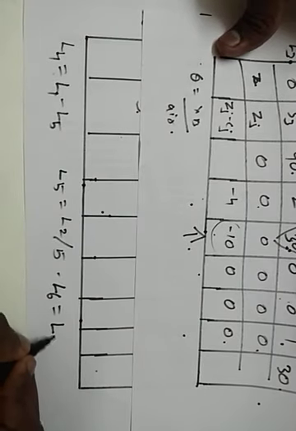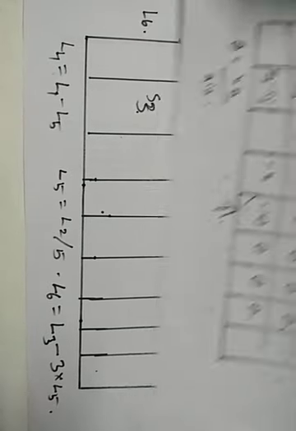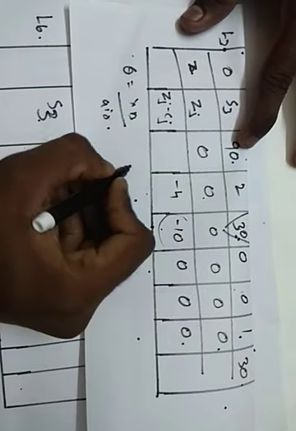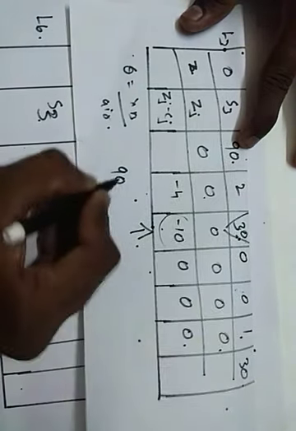That is L6 equal to L3 minus 3 into L5. So L3 is 90 minus 3 into L5.